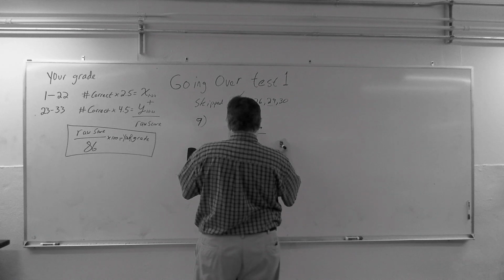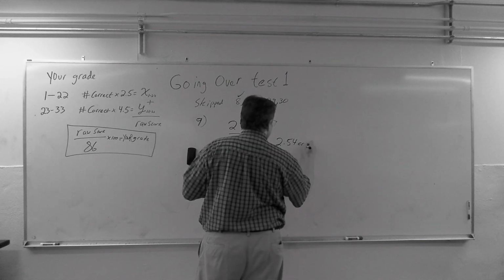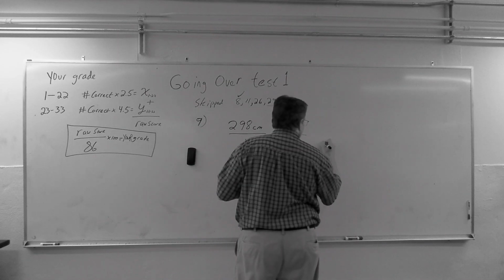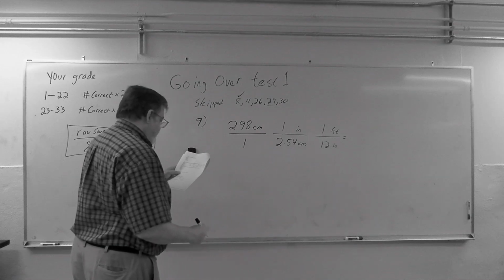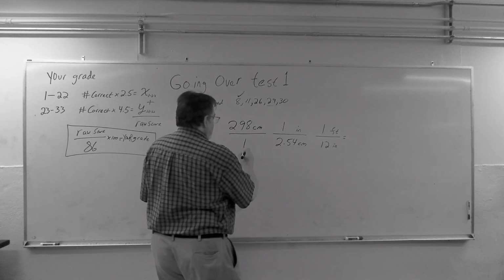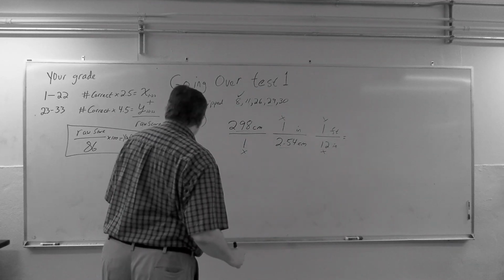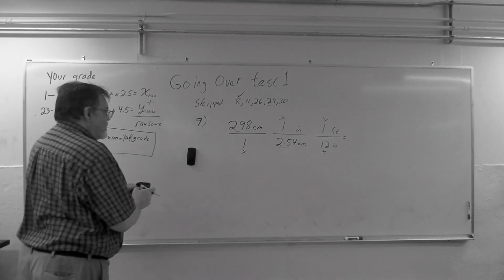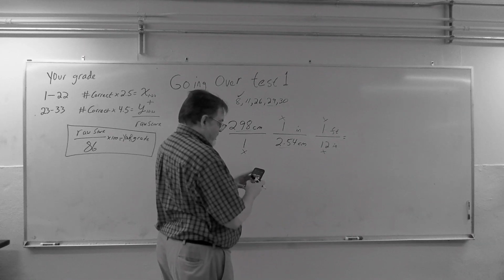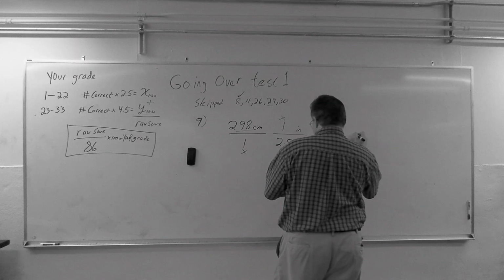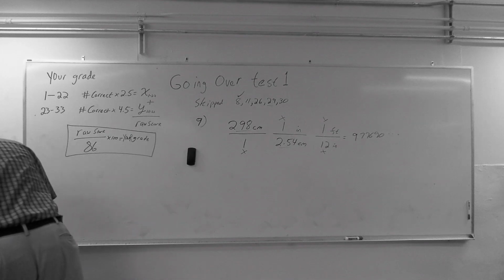We need 2.54 centimeters. That's exact. 3 significant figures, 3 significant figures. 298 divided by 2.54 divided by 12. 977.